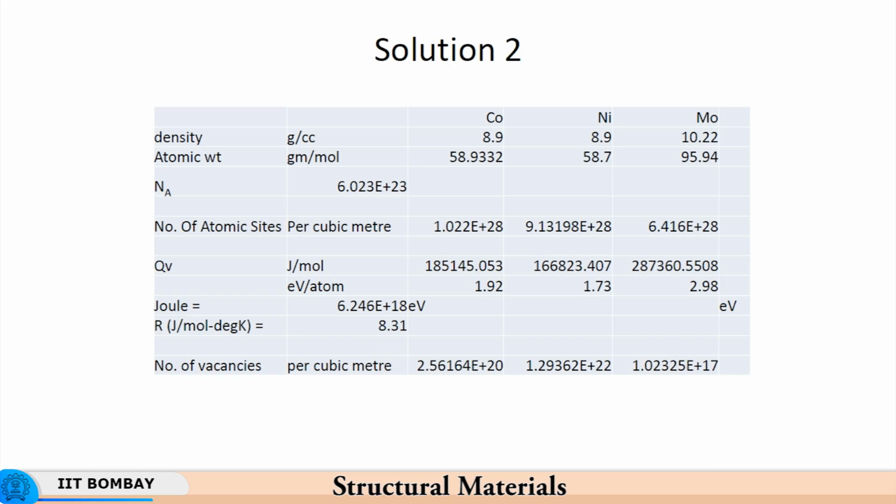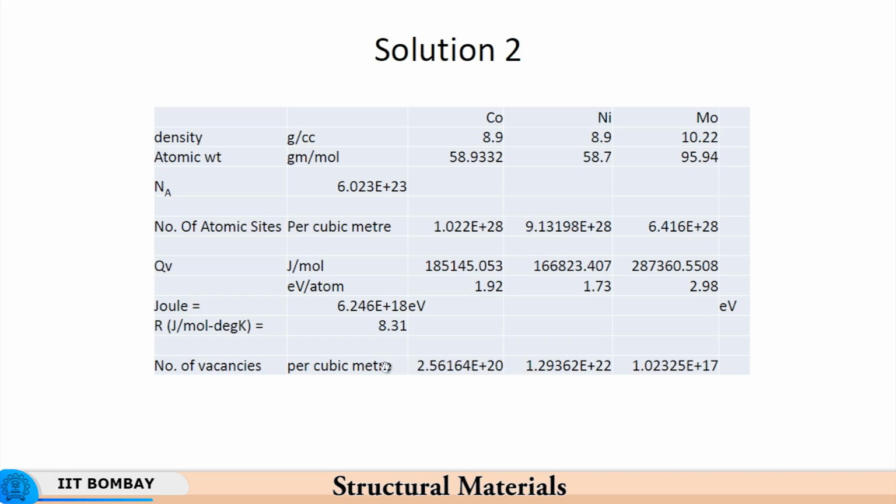Again it is no surprise, because molybdenum has a body centered cubic structure, whereas nickel has face centered cubic, where the diffusivity is the highest. We know that FCC has a very large volume inside the unit cell, due to which diffusivity through FCC is the highest, and HCP is in between body centered cubic and face centered cubic.